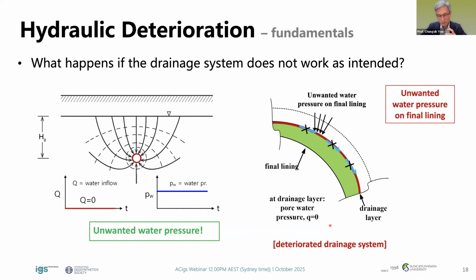Unwanted water pressure will develop behind the lining that can create structural problems for the lining. So you have to remember what the intended design is and what the consequence of drainage layer deterioration is.